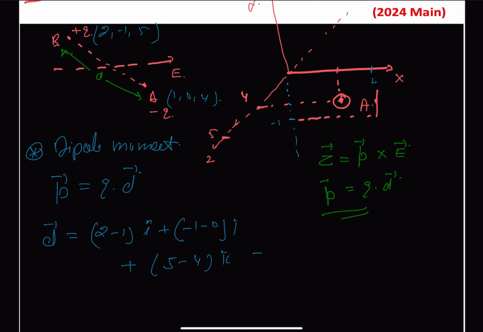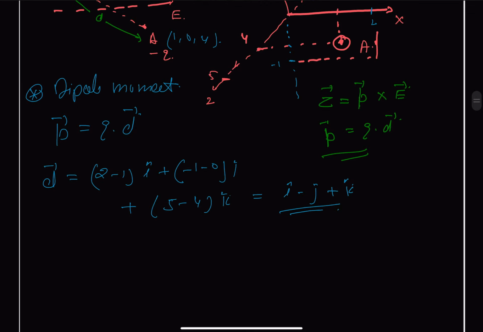So this gives us i minus j plus k. So this is our displacement vector, and our dipole moment P, the charge we already know is 4 microcoulomb, 4 into 10 to the power -6, and this comes as i minus j plus k.